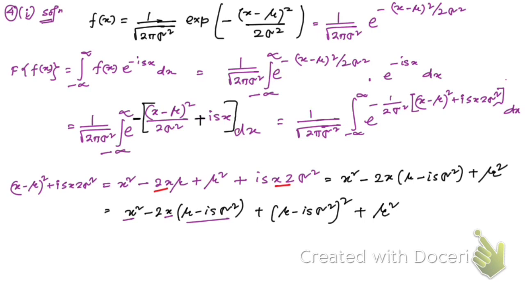Now you see this term is extra, this is not present here, so we have to subtract it again. So let me copy this one. We're going to subtract this one, so here we should have minus. Hope you have understood this.